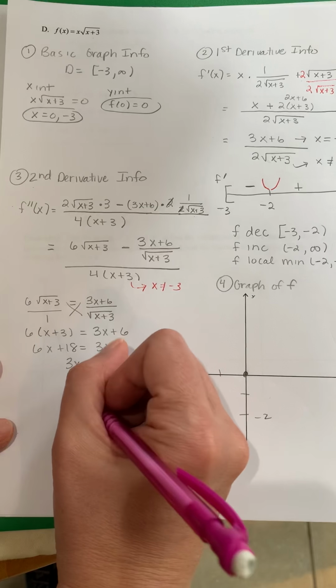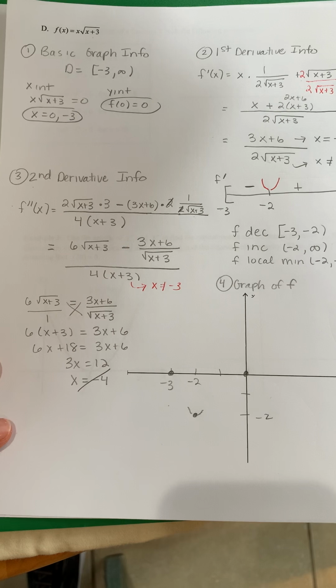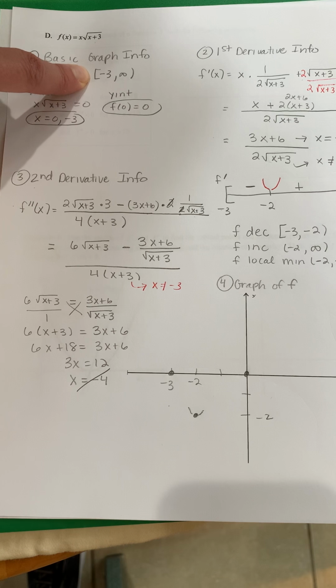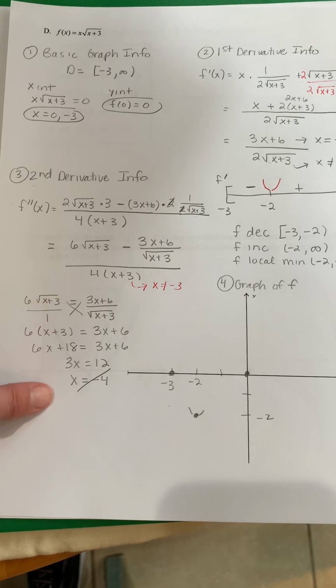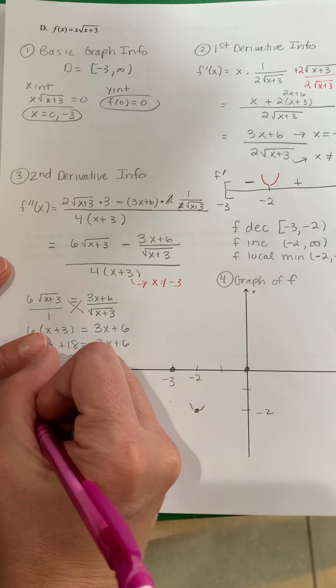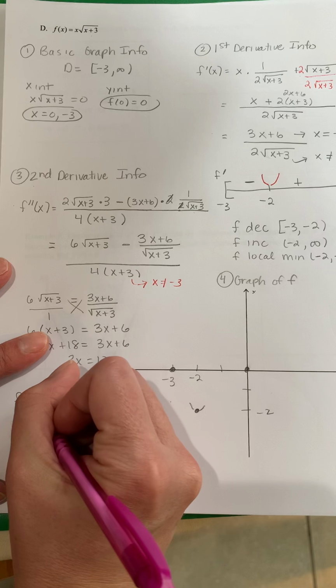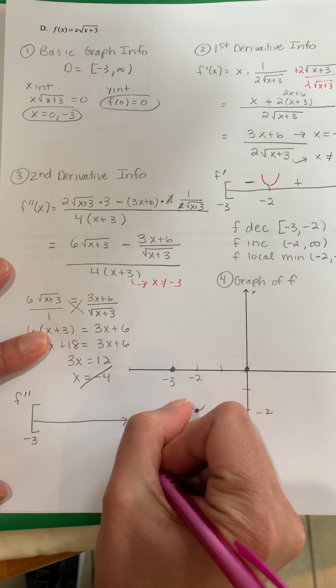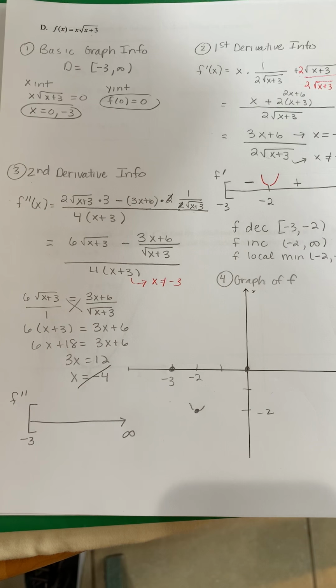Now that can't happen because we said from the beginning we're only drawing this function from -3 on over to infinity. Okay, so we won't need the value that the numerator gave us. All right. Okay, so as far as the second derivative test, all we know is we have a function that starts at -3 and goes on out to infinity. So the concavity has to be the same for the whole domain.